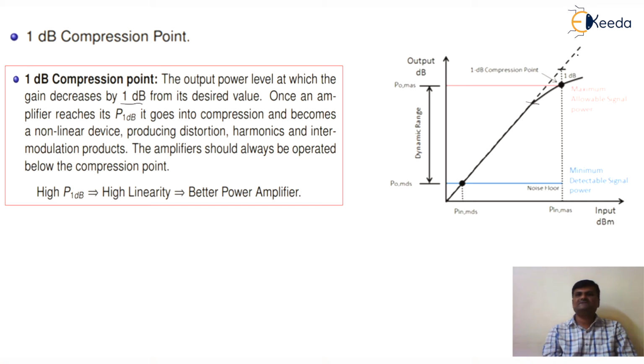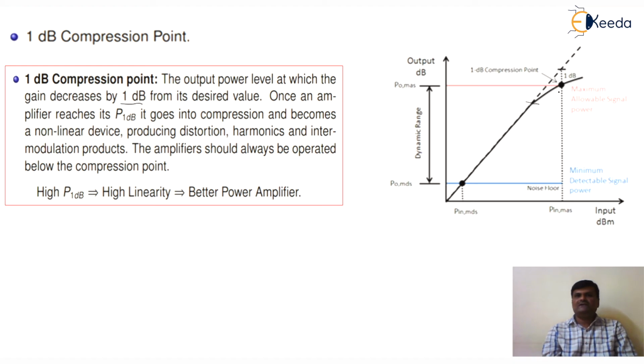The meaning is that generally our requirement is that the output should follow the input on a linear scale. But at high power, it follows a non-linearity. The 1 dB compression point is the point at which the gain decreases by 1 dB from its desired value.